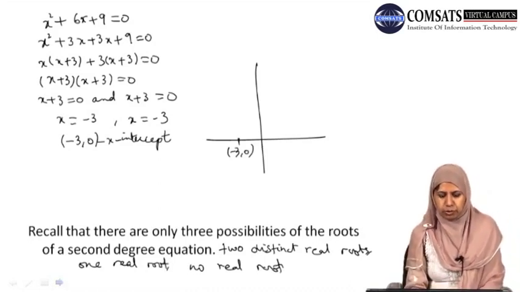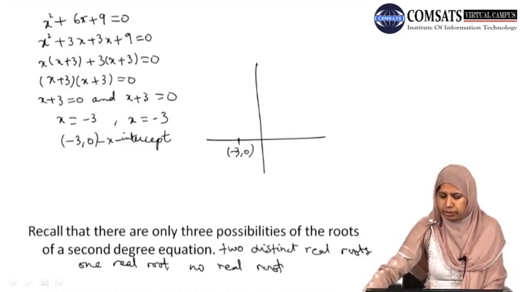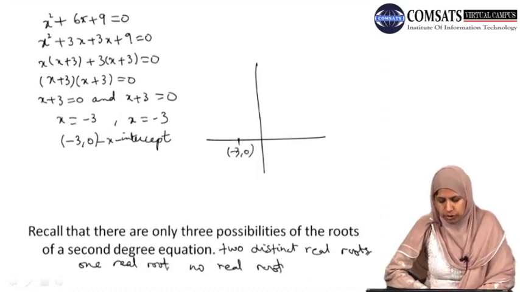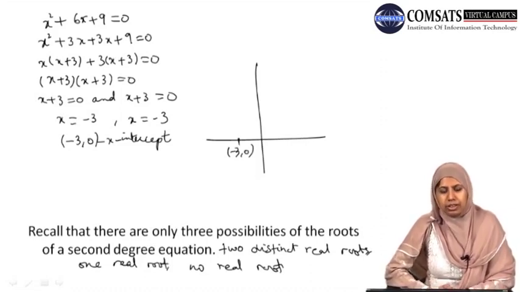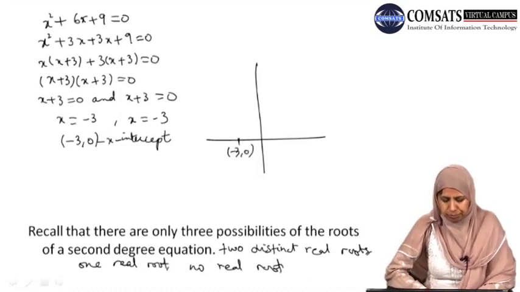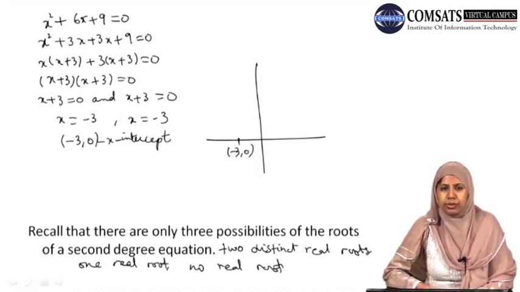We have seen this from two examples. In this example we have one real root. In the previous example we had two real roots, both distinct. We are not considering examples of no real root because we are restricted to functions whose domain is the real line or a subset of the real line.